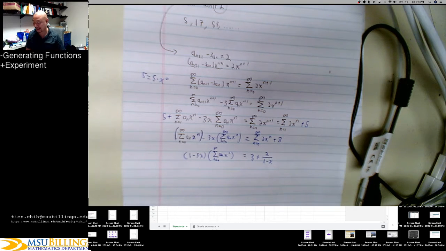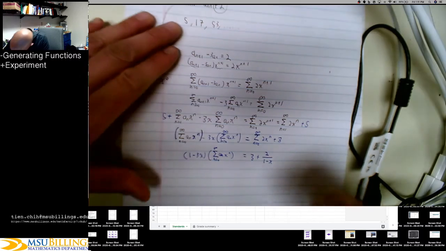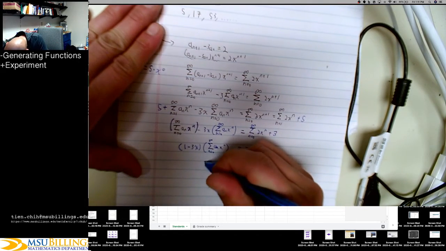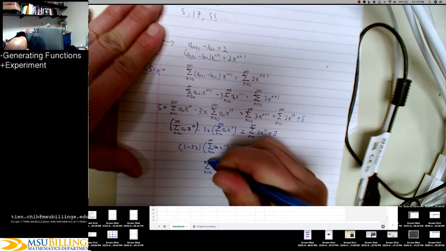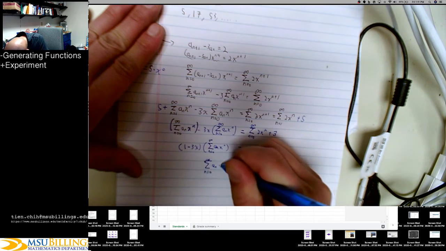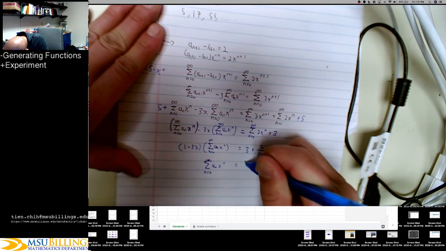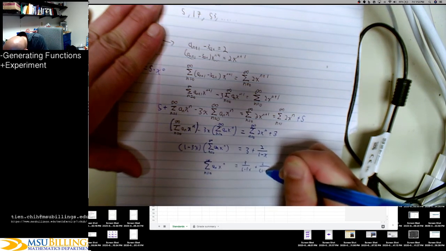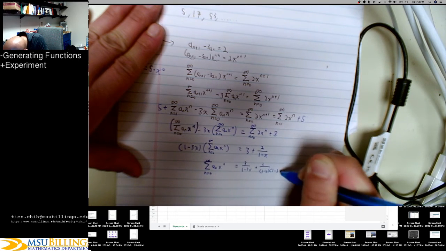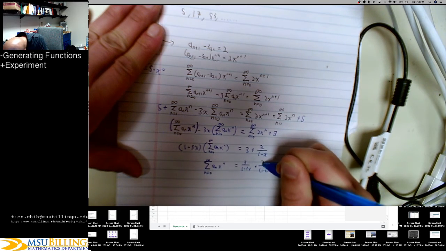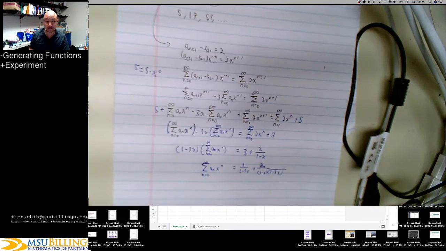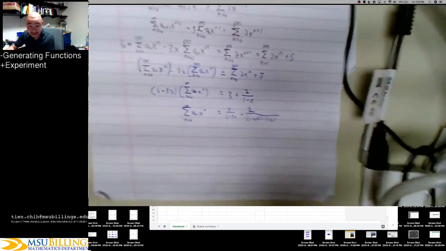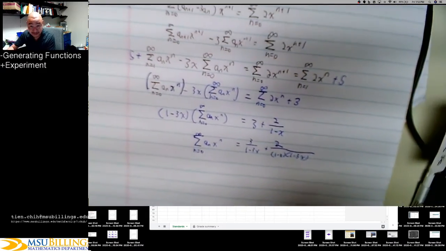So I can simplify that to 2 over 1 minus x. And that means that this sum from n equals 0 to infinity a sub n x to the n is equal to 3 over 1 minus 3x plus 2 over 1 minus x, all divided by 1 minus 3x.